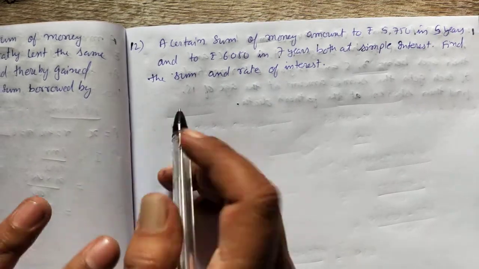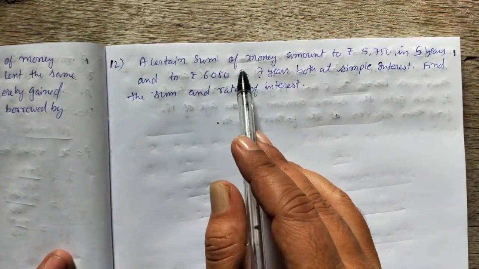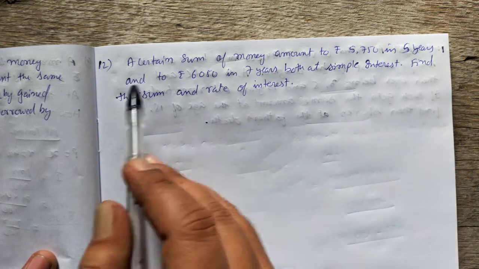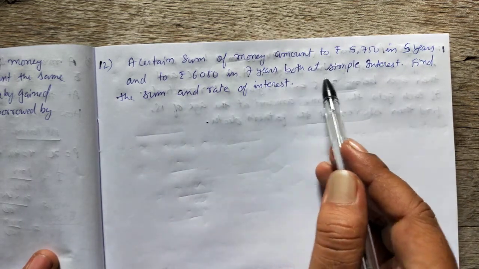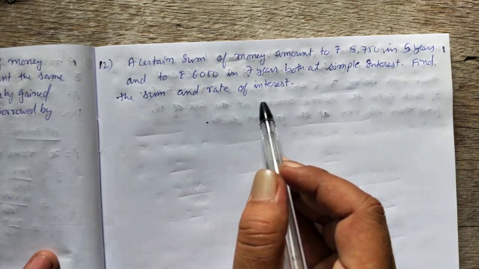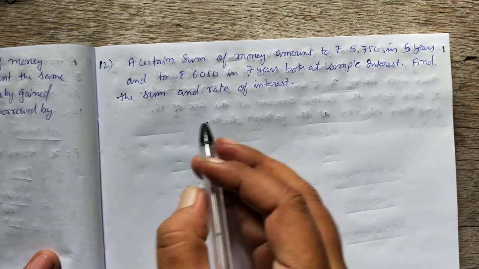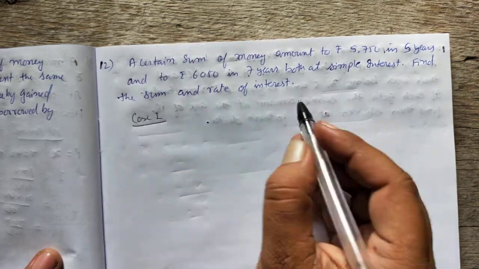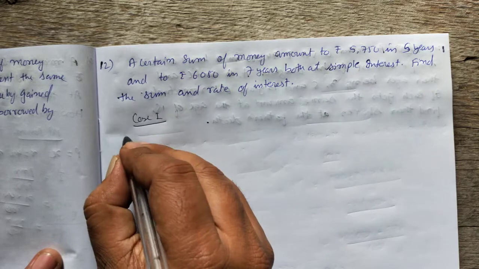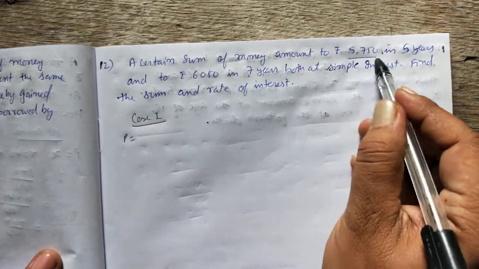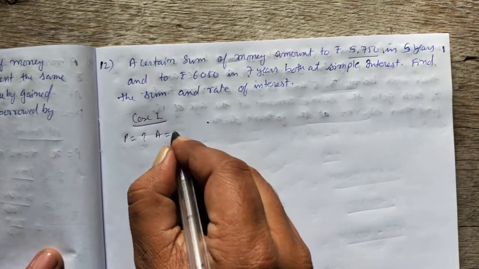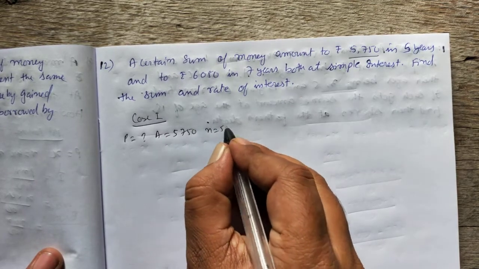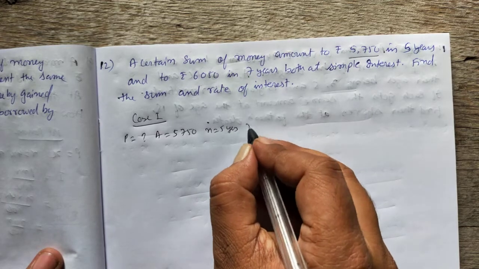Next, question number 12. A certain sum of money amounts to rupees 5,750 in 5 years and this much in 7 years, both at simple interest. Find the sum and the rate of interest. Okay, so first case, we don't know what is the principal, but amount is in 5 years, and rate also we don't know.